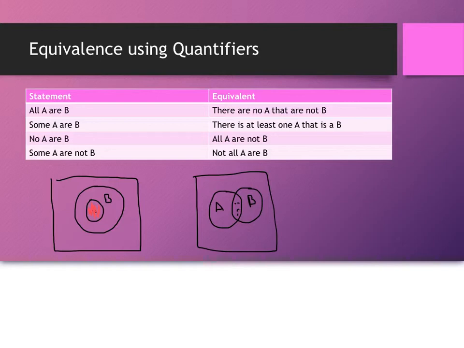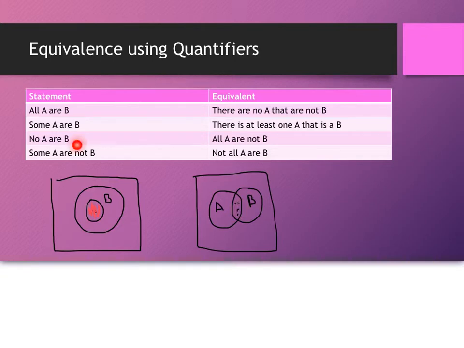And notice it doesn't tell us how many things are in the intersection. Some A are B just tells us that there's at least one thing here, which is exactly this statement: there is at least one A inside of B.